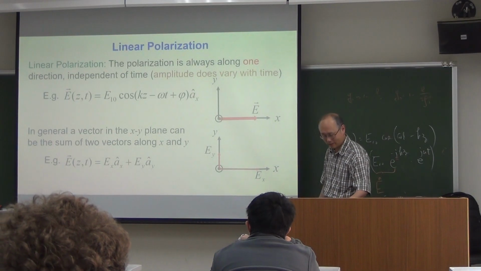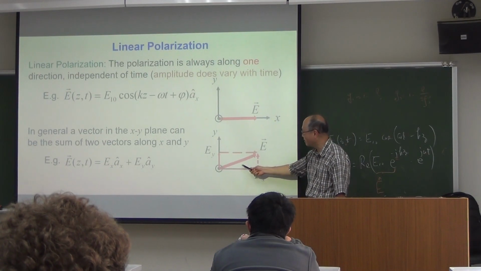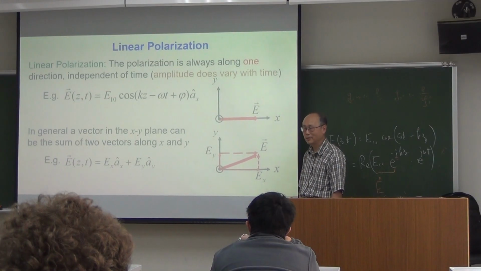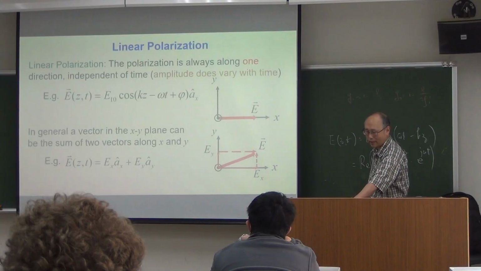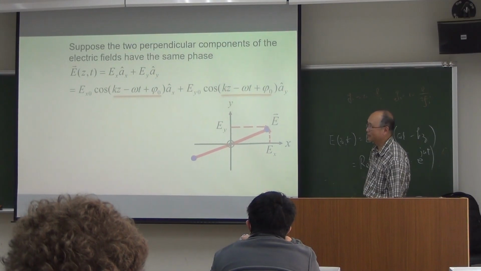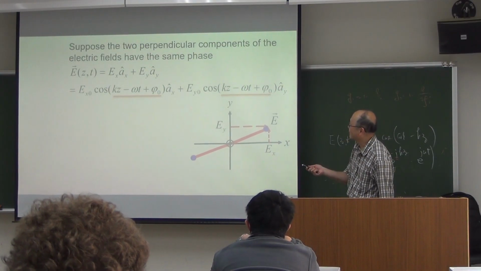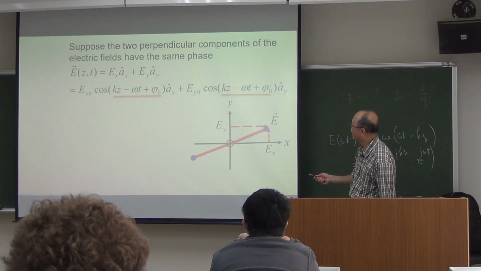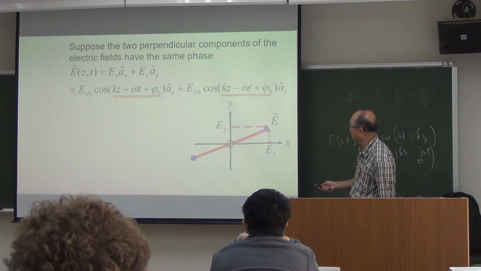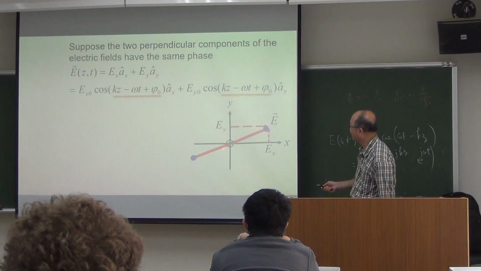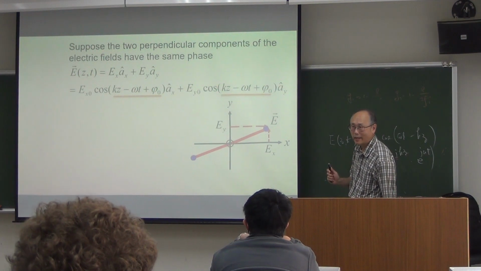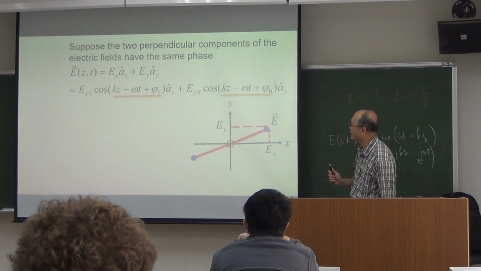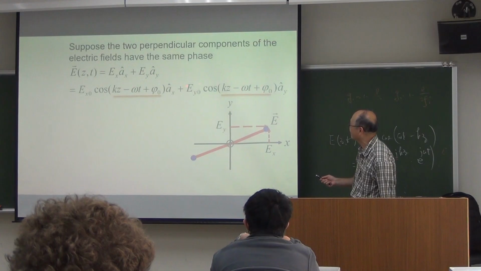Once we have this, then we can define an angle for the polarization relative to the x-axis. Okay, so there's an angle associated with it. Now let's write down that I have two components on the xy plane, and there's a certain amplitude associated with each component, and that also opens another possibility that the phase could be different.